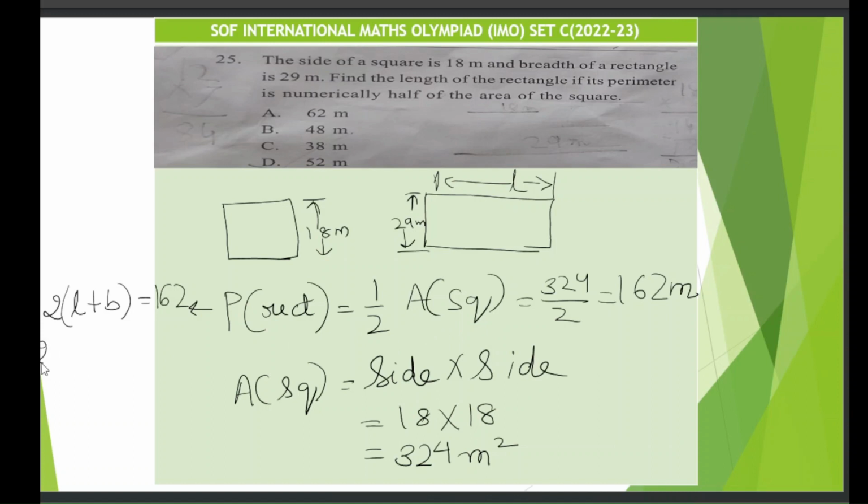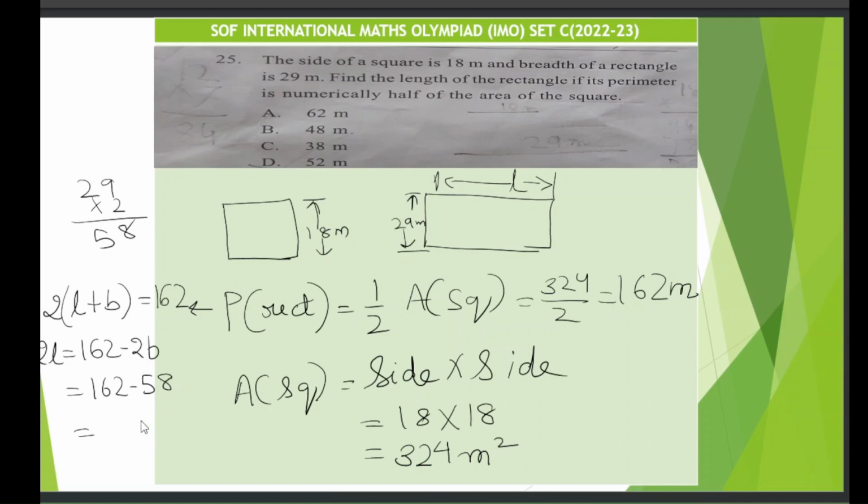So now 2L will be equal to 162 minus 2B, right? So 162 minus 2 times the breadth. What is the value of breadth? 29. 29 into 2 is 58.